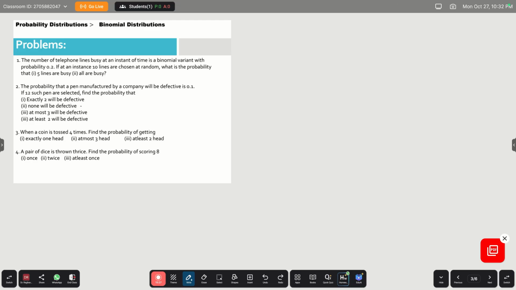Let me explain this. The number of telephone lines busy at an instant of time is a binomial variate with probability 0.2. That means x is the number of lines busy, and the probability that one line will be busy is 0.2.